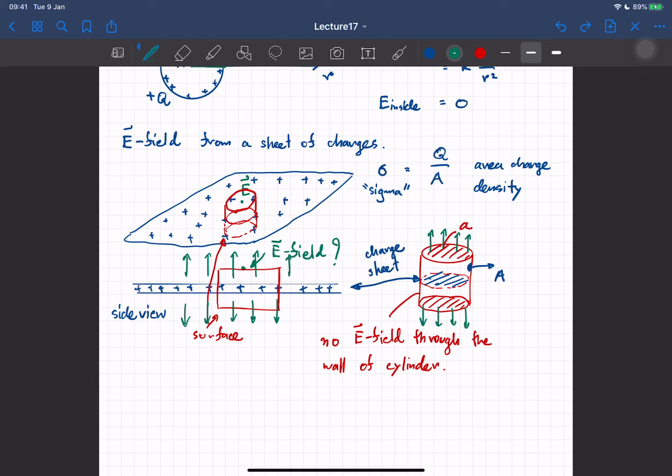It doesn't have the sideways component. So that also means electric flux is zero for the wall. And the only surfaces where you have non-zero flux are the top lid and the bottom lid. Those two only.